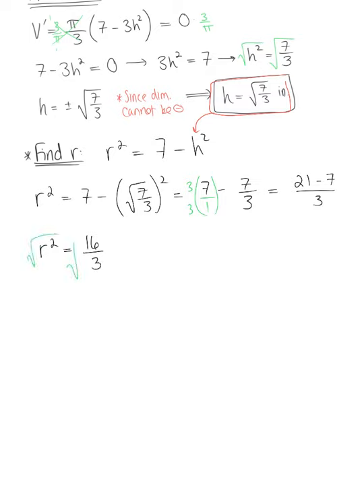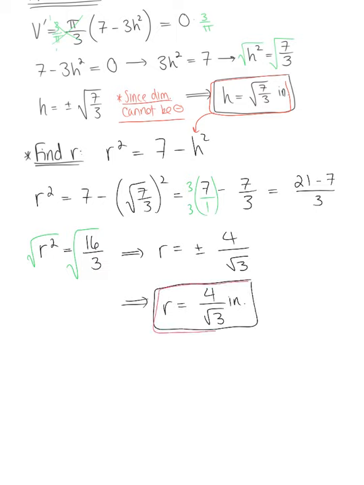Taking the square root of both sides, r is equal to plus or minus 4 divided by the square root of 3. For the same reason as above, since dimensions cannot be negative, the maximum radius is positive 4 over the square root of 3 inches.